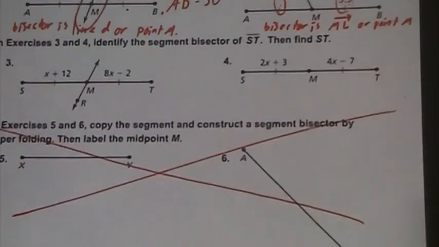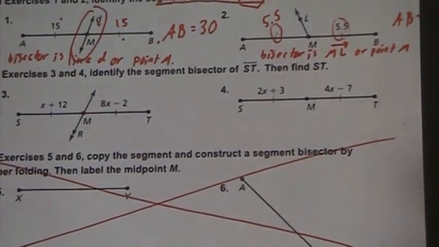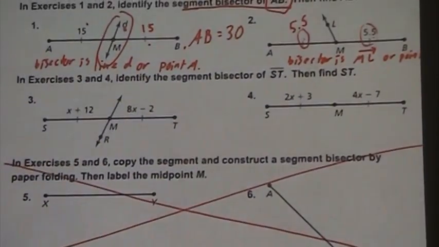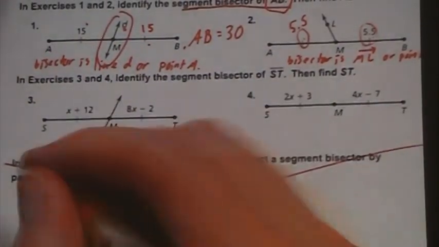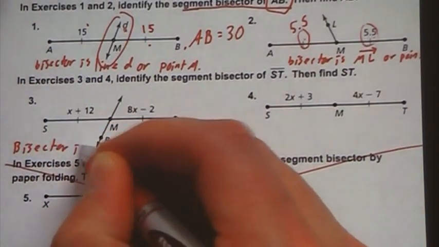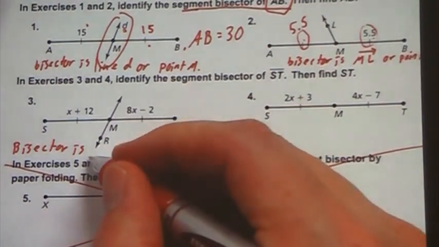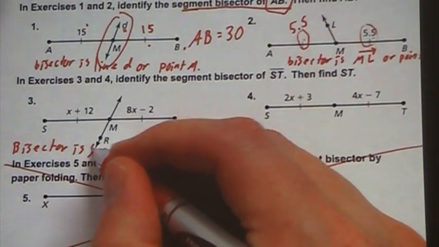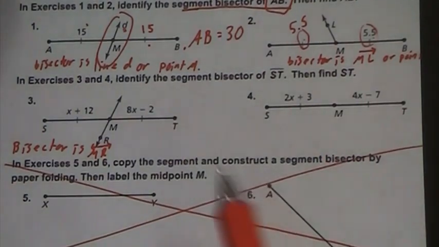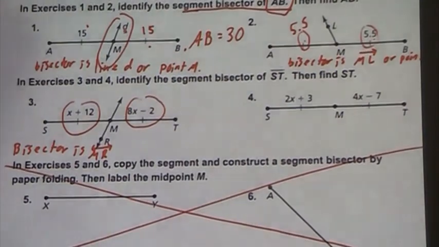Three and 4 is that you're using the same principles as these guys, but now you're just going to use some algebra. So similar to the top, we're going to identify the bisector. So bisector is section right here, looks like line MR. But now we got these two guys that have X's.